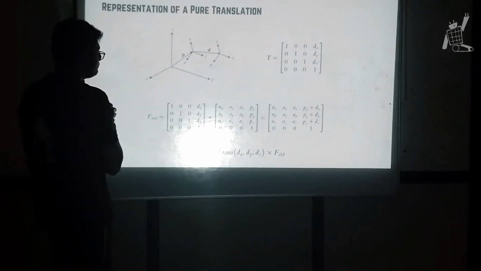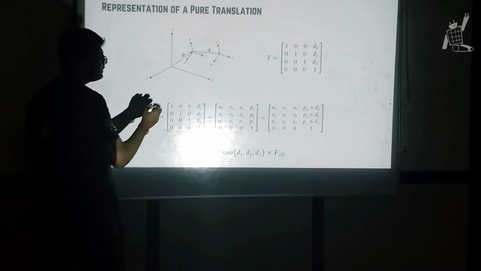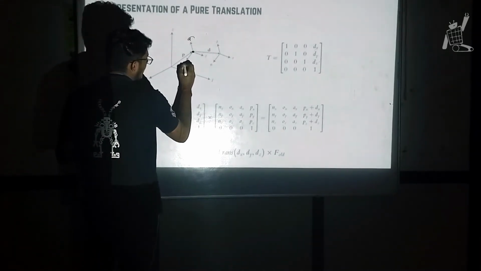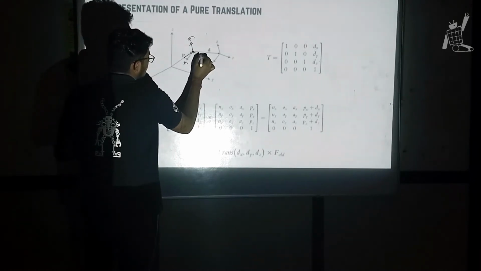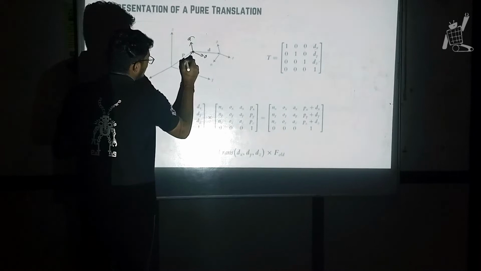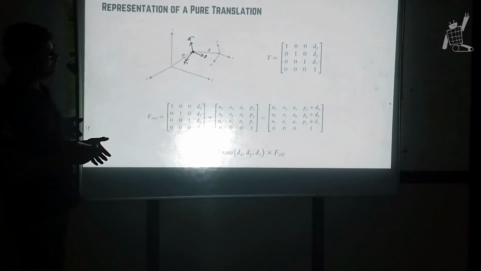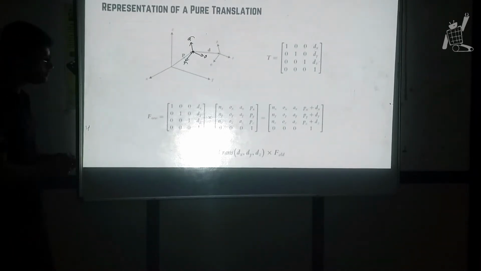Okay, now let us consider one point already there in space. This is a point. It has already been translated as well as oriented to some angle and some distance away.